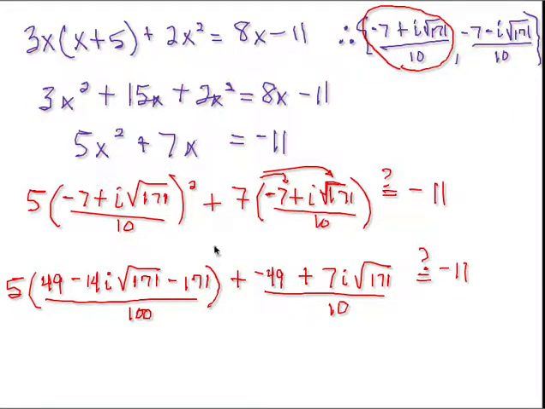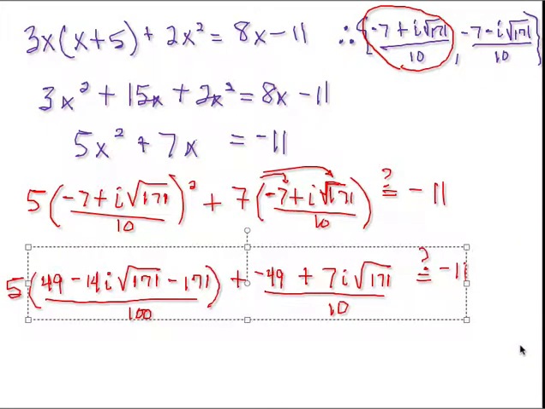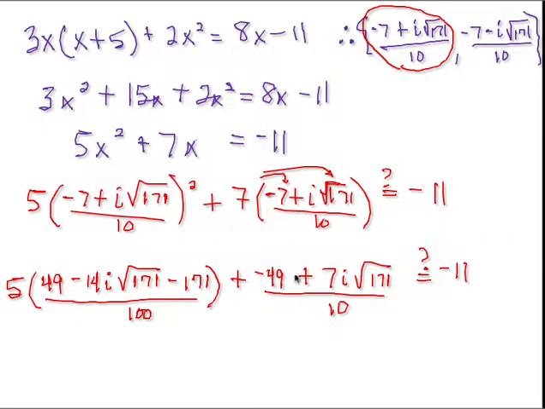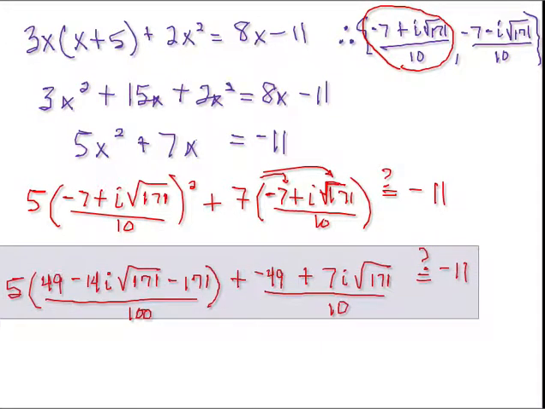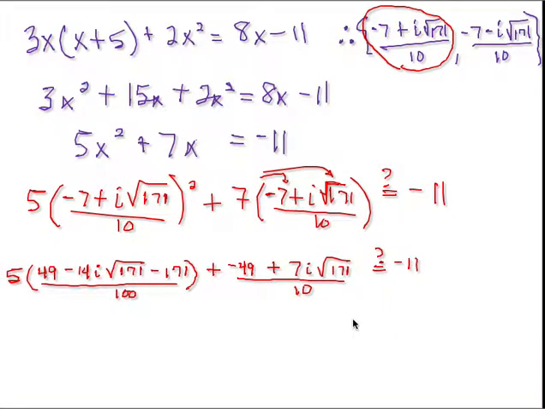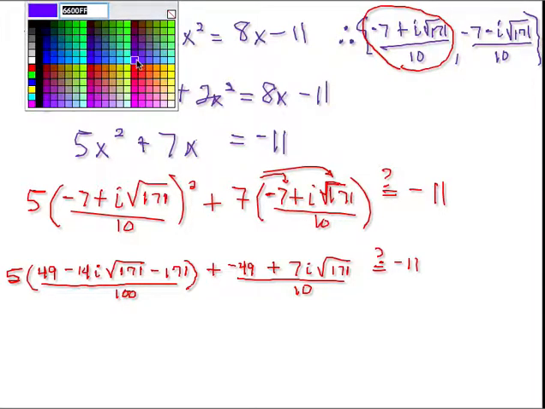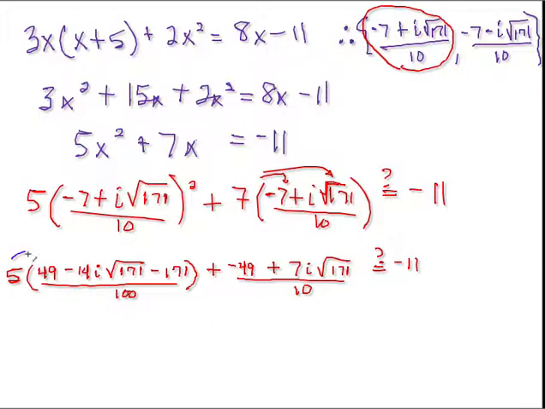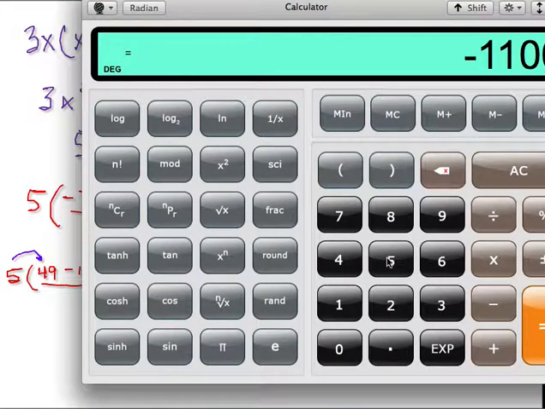Hopefully that all makes sense to you. Let me get rid of that just to keep it cleaner here, and let me try to squish this up a little bit. All right, now let's keep going with this. Let me take the 5 times 49, and I don't remember what that is, so I'll bring my calculator up. 245.